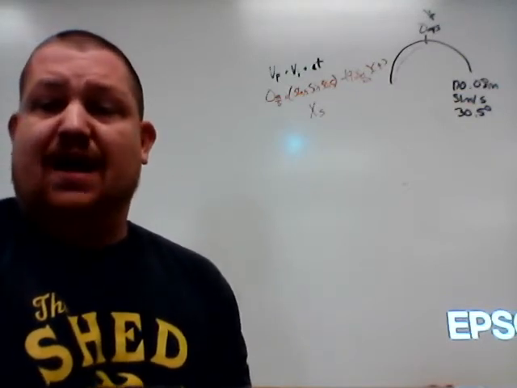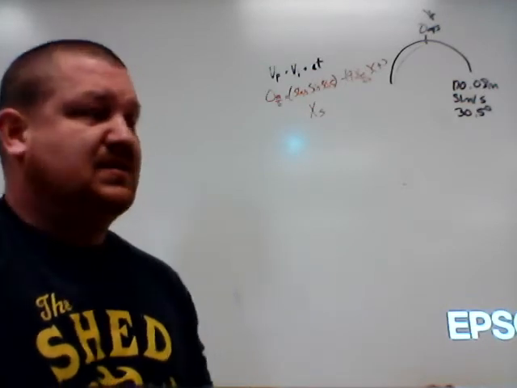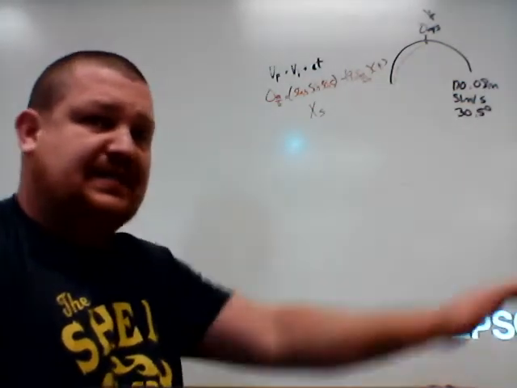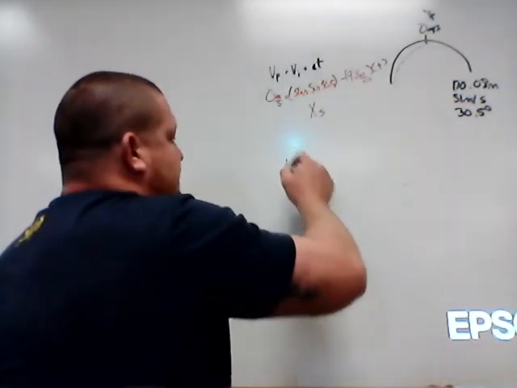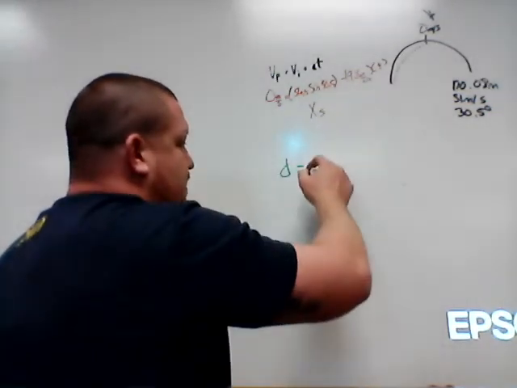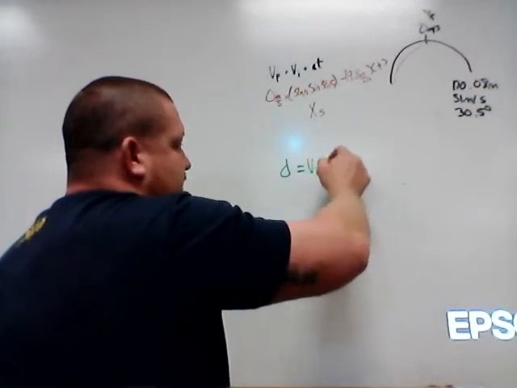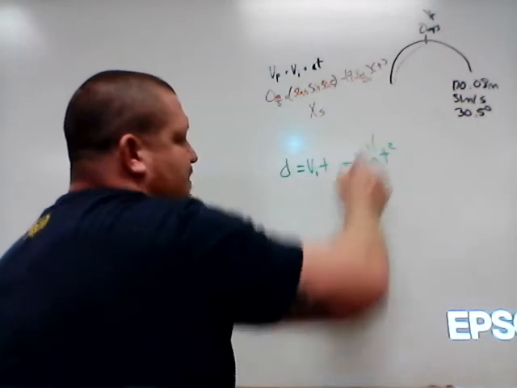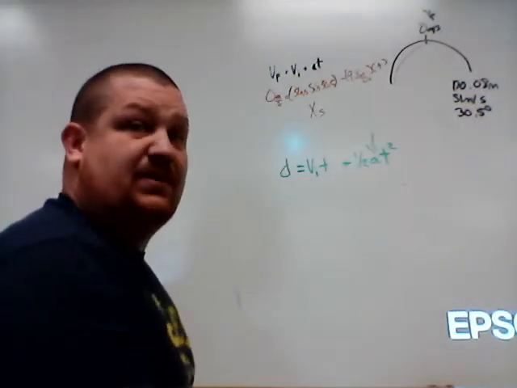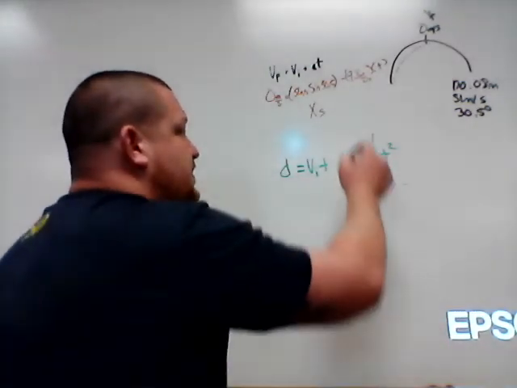So to figure out how far, we're not concerned with how far up in the air. We're talking about the distance, right? So that's the range. So distance or displacement equals VIT plus 1/2 AT squared. Remember, horizontal range, 0 acceleration.